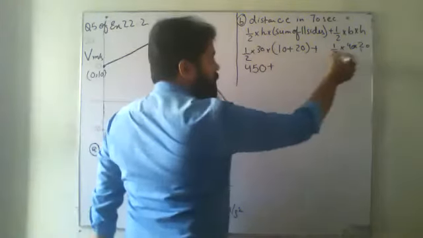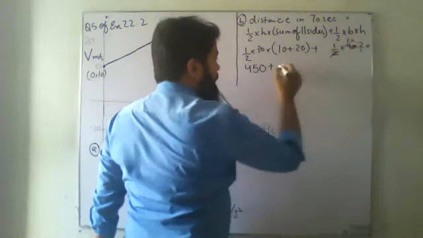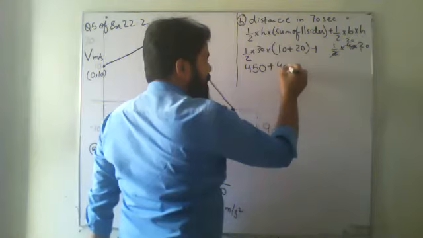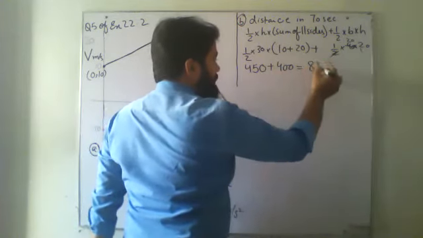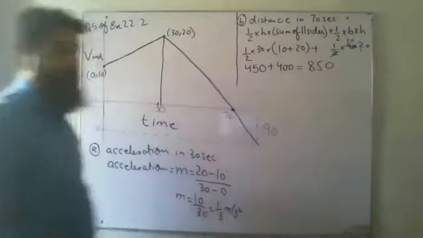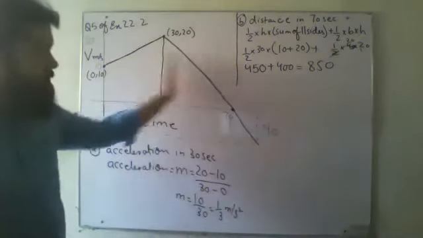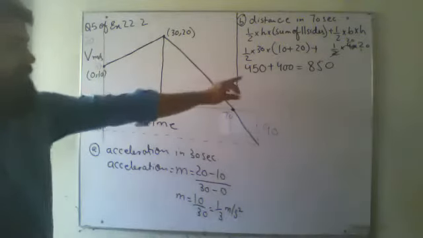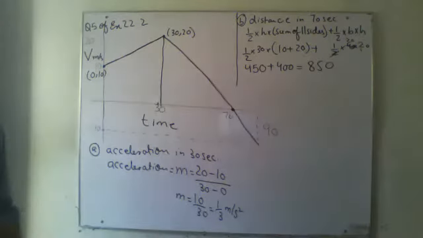After that, the 2 cancels, 20 plus 20, answer will be 400. So when I simplify it, my total answer will be 850. My total distance covered in 70 seconds will be 850.